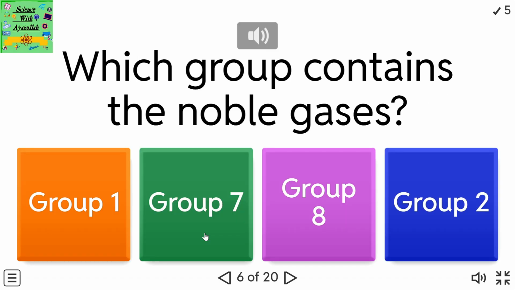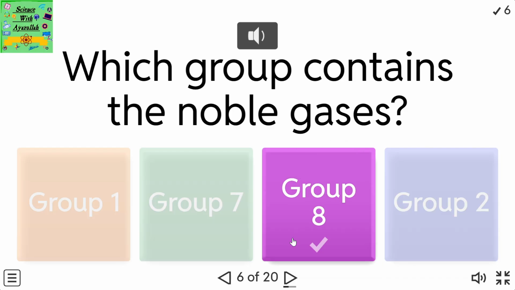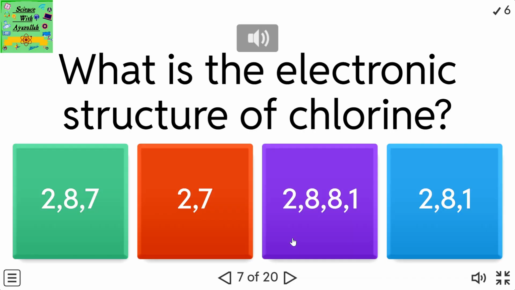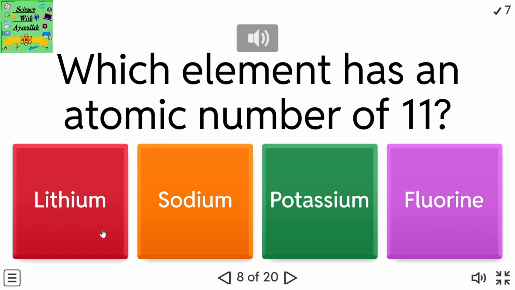Which group contains the noble gases? What is the electronic structure of chlorine? Which element has an atomic number of 11?